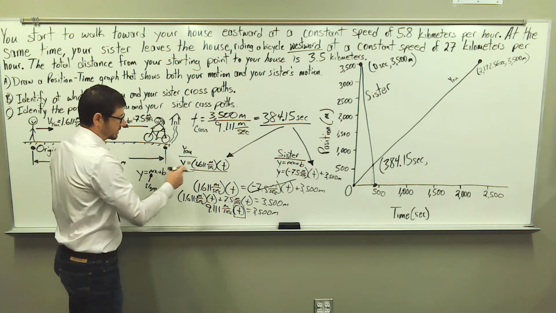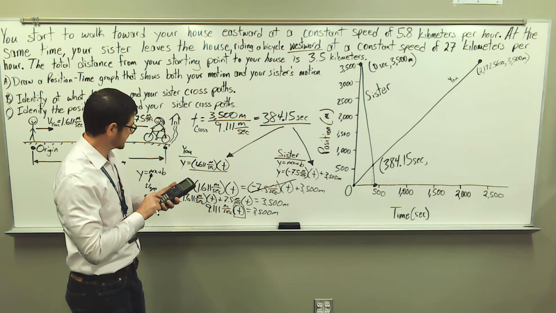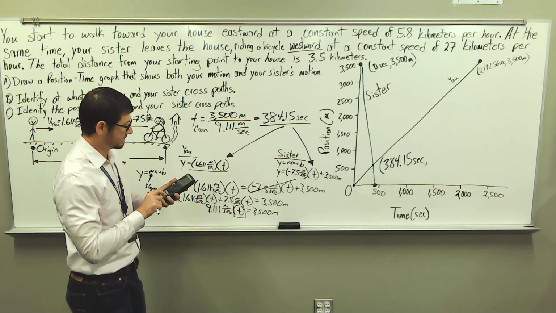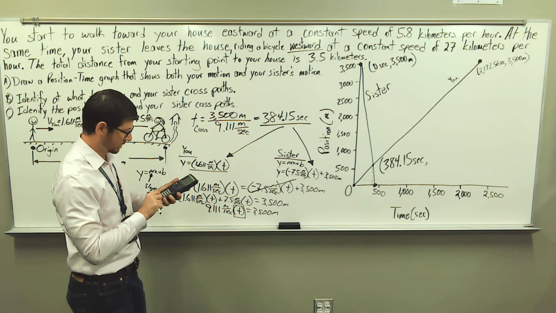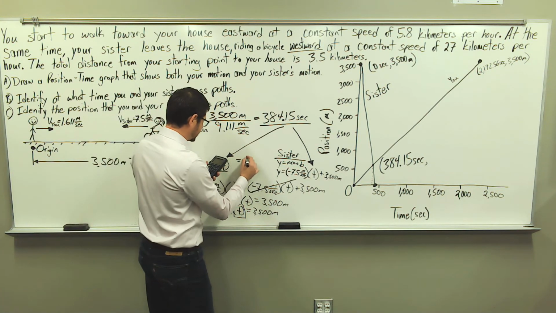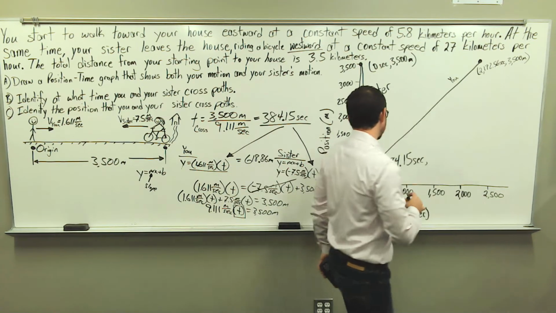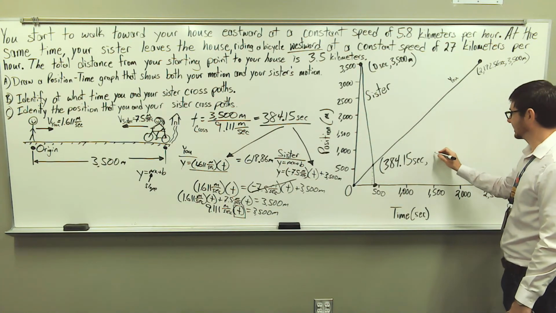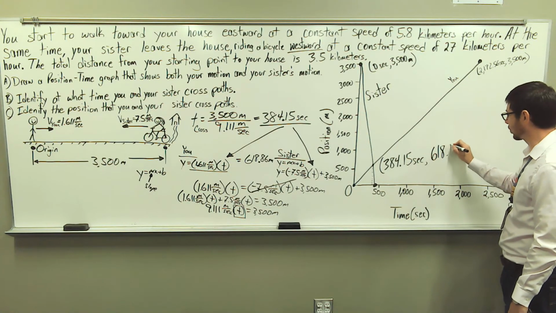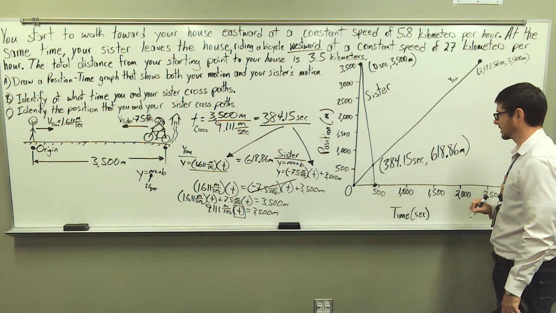This one looks to be a little bit easier. So I have 1.611 times 384.15, and this will give me a position of 618.86 meters. So my y value here is 618.86 meters.